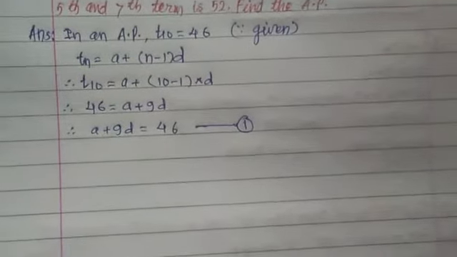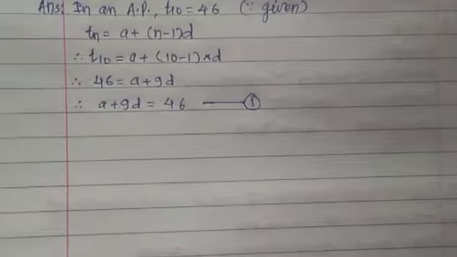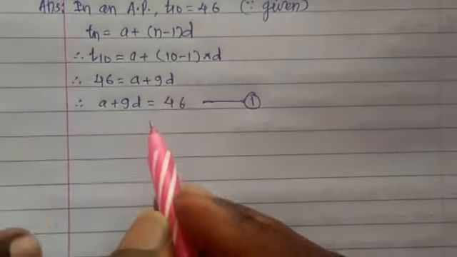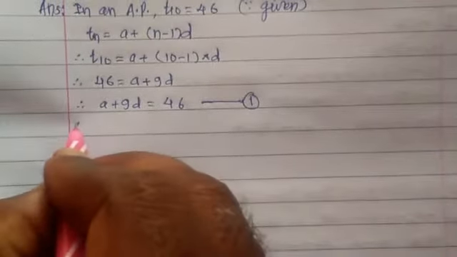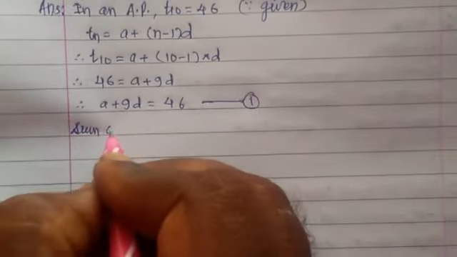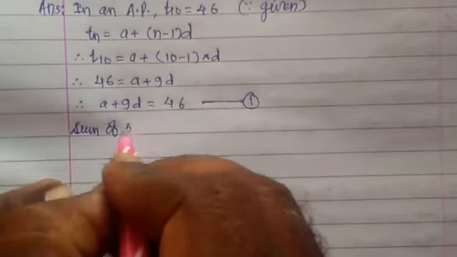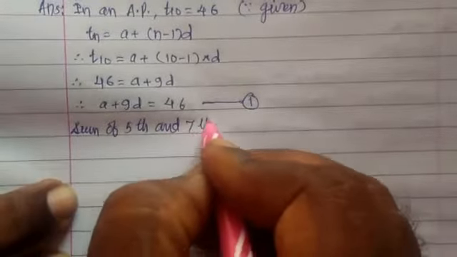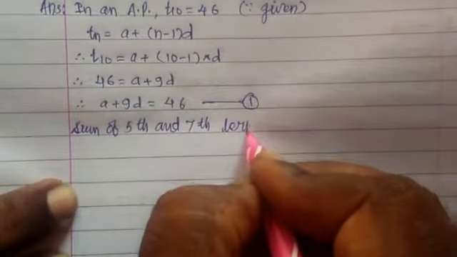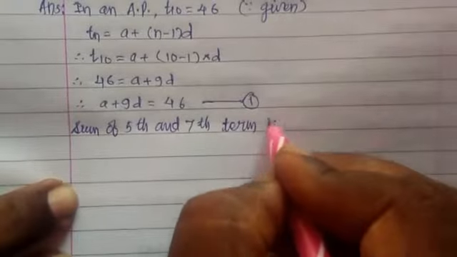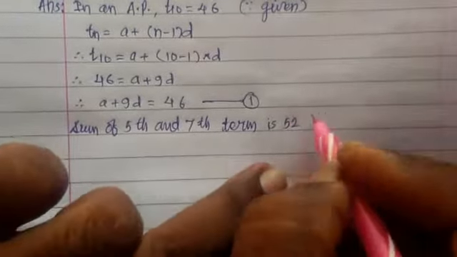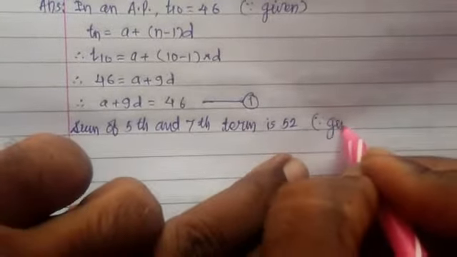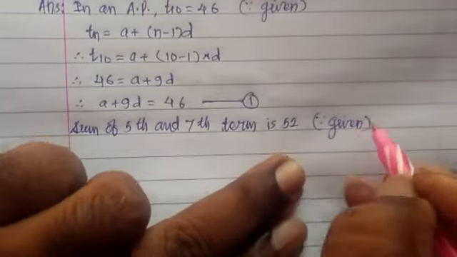Then now, the sum of the fifth and seventh term is 52, which is given in the example.